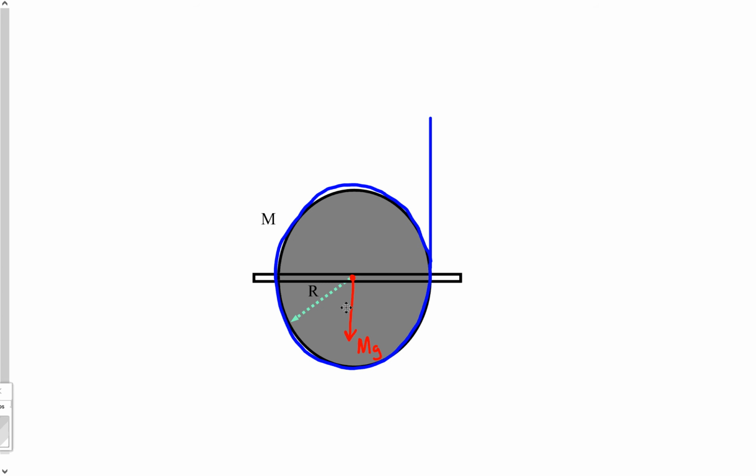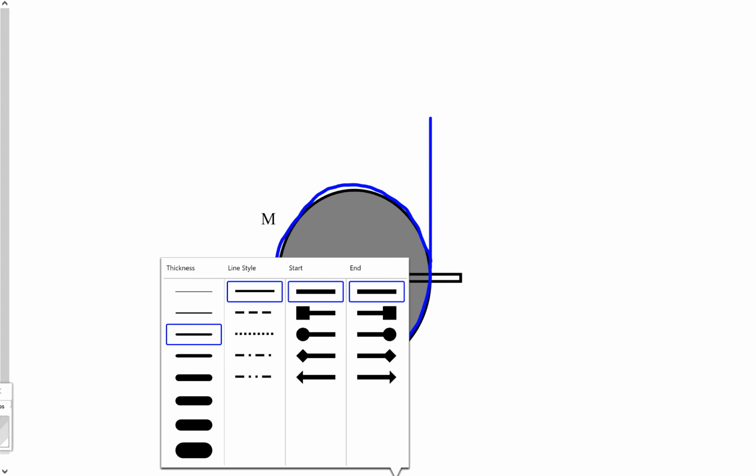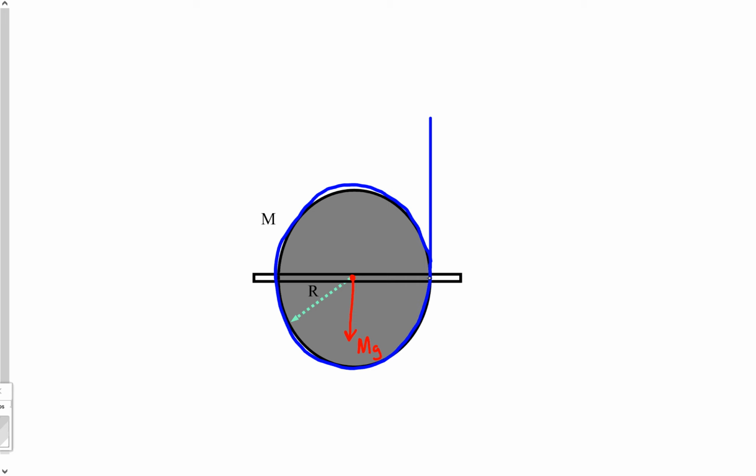I just have an mg, because this is like a yo-yo that's being dropped. It's not sitting on top of anything, nor is there an axle fixed to it. So the only other thing, over here, is what we'll call a tension attached to it.